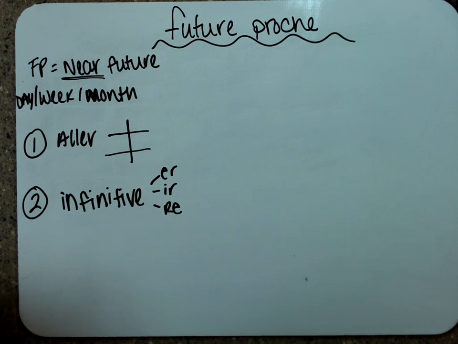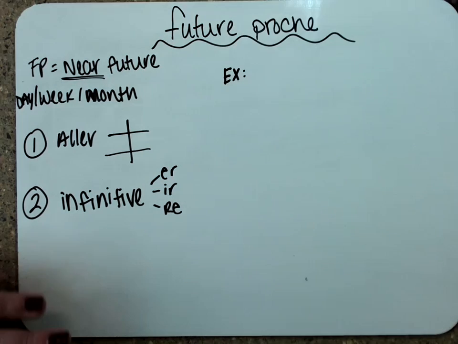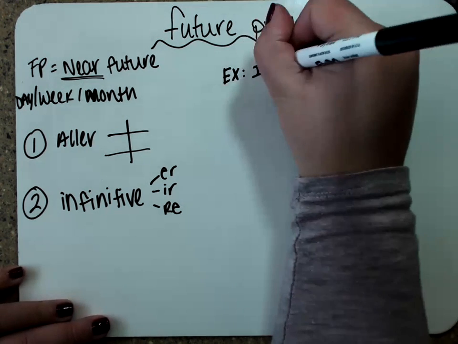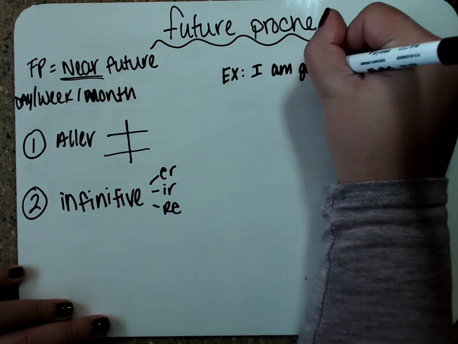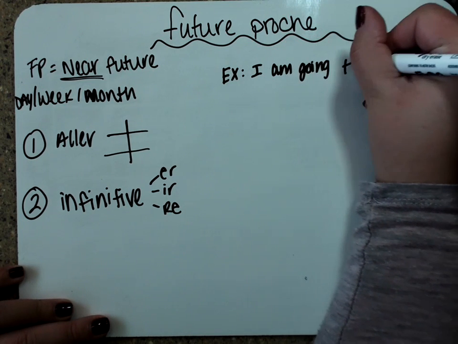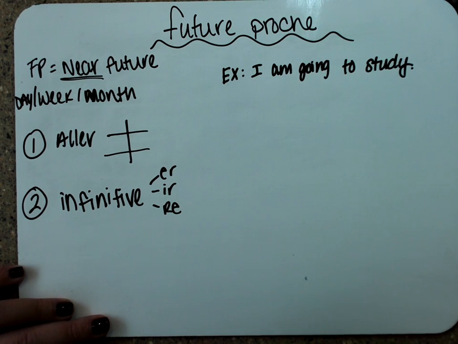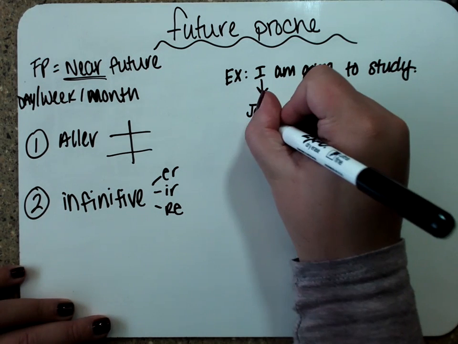So let's do an example together. So I'm going to do exemple over here. So exemple, let's say I am going to study. So that's what it means in English, that I am going to study. We're going to bring the I down, and so that's je.